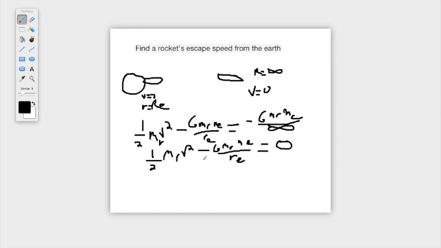So what we can do is set them equal to each other, and we can also cancel out the masses.